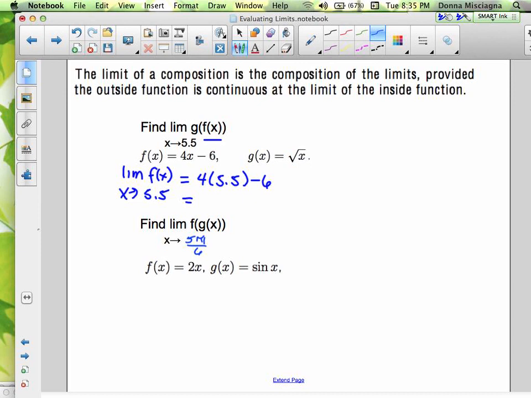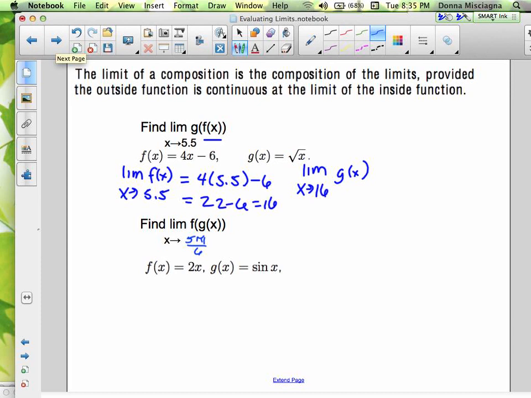22 minus 6, which actually works out to be a nice number for the outside function, which is 16. And if we take the limit of g of x as x approaches 16, notice it's not 5.5, because we evaluated the inside function first.